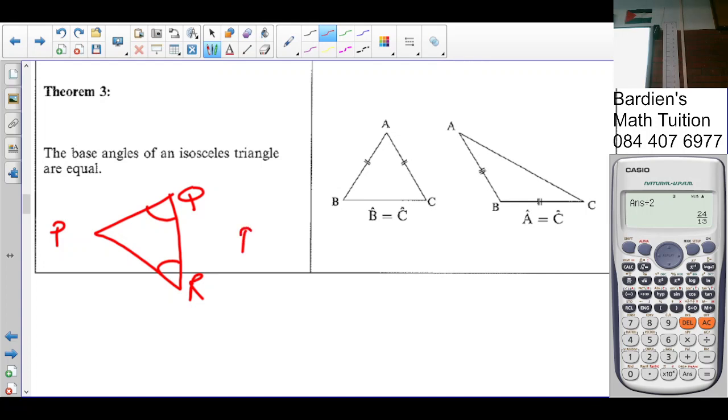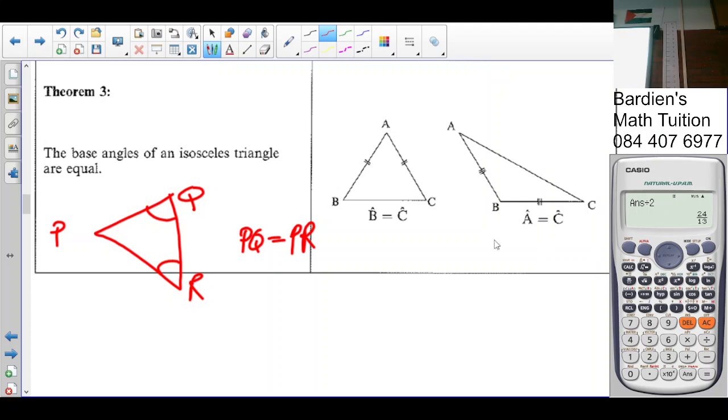PQ has to be equal to PR. Did you see that, people?